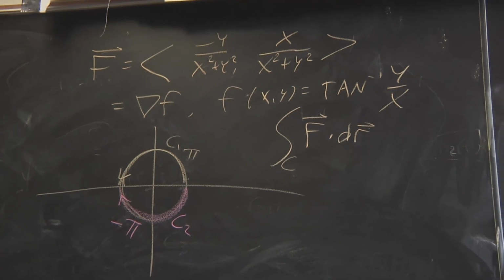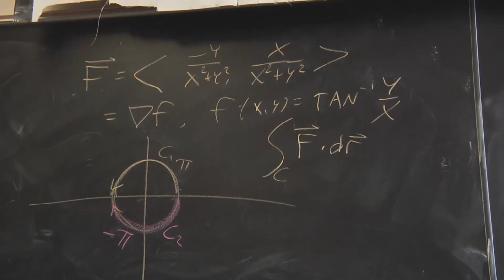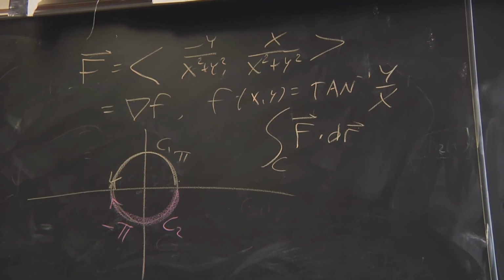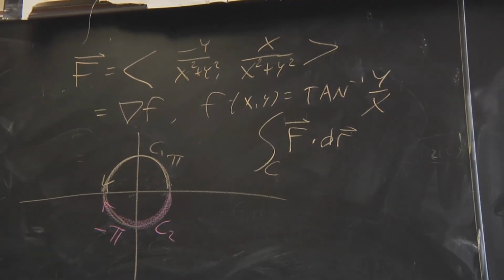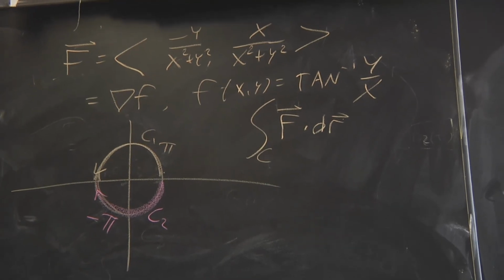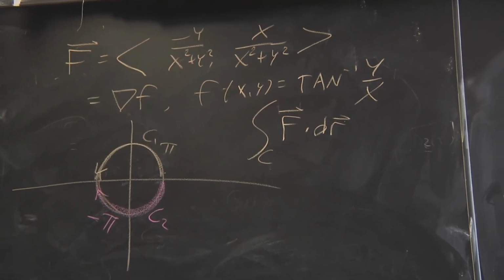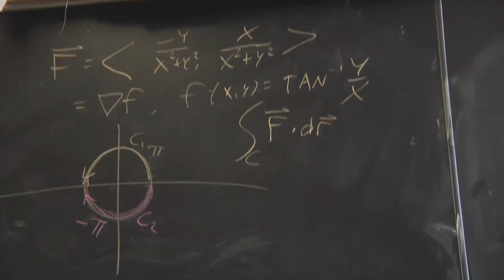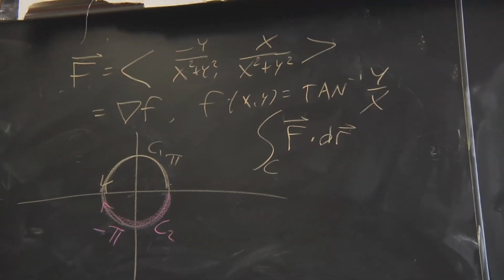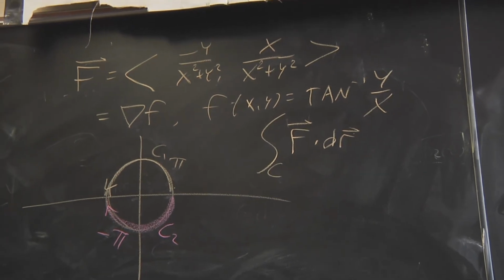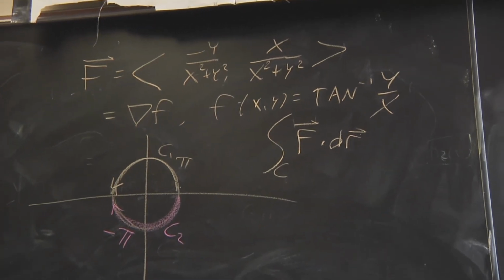In math, as in life, little details will get you. If you move that whole thing up to where the origin's not in there, then it all works out, because then it's all positive, so it'd be pi. You get the same value from point A to point B, whatever that value happens to be. So in that case, everything's fine.